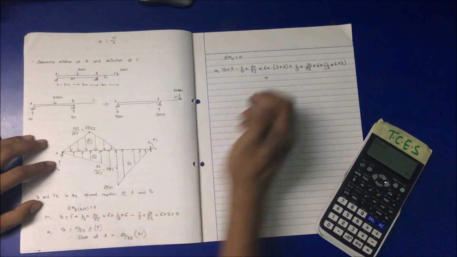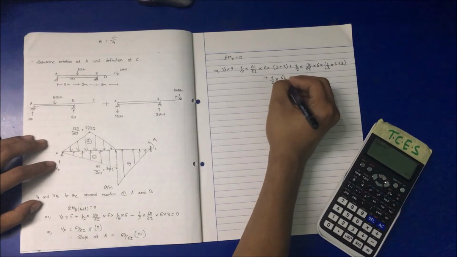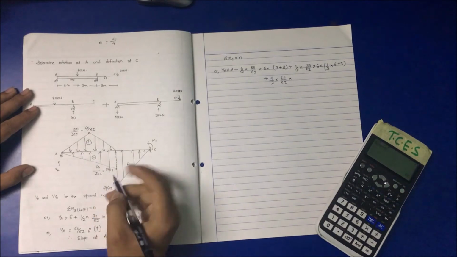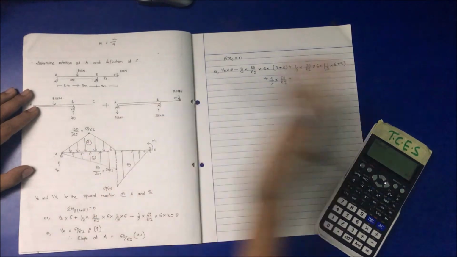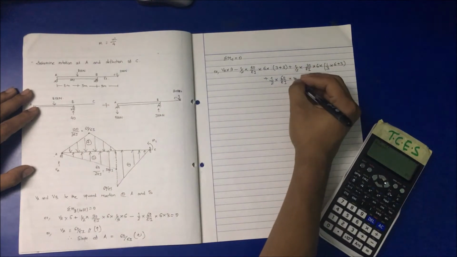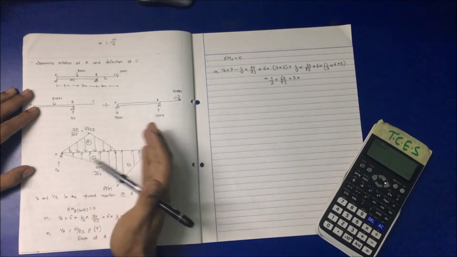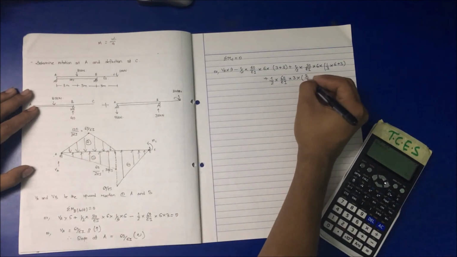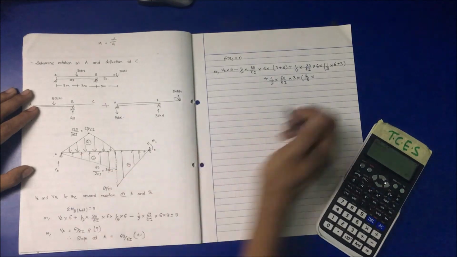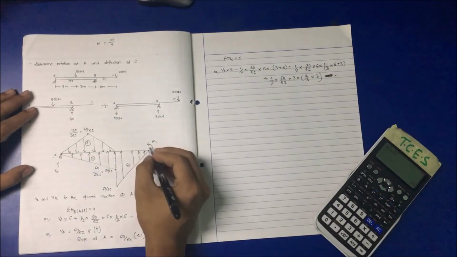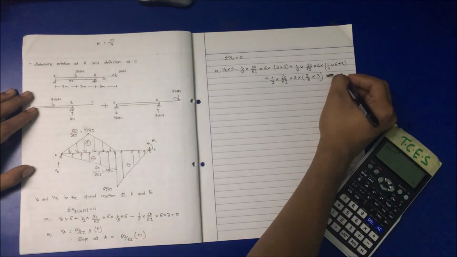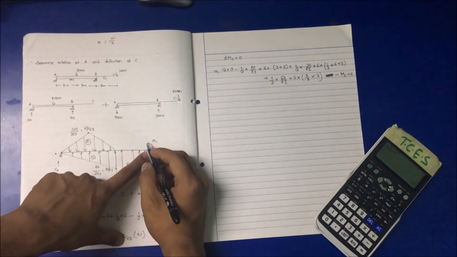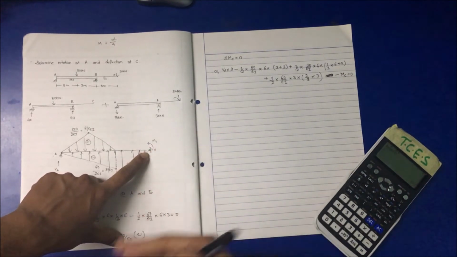Again for the 60 by EI loading, again a triangular loading, so 1 by 2 into 60 by EI, for the right portion the span is 3 meter, acting from towards the apex, so 2 by 3 multiplied by the span 3. I'm taking this anti-clockwise, so MC is equal to 0, because we have to find the moment at point C in order to determine the deflection.